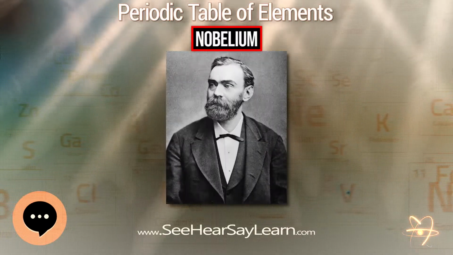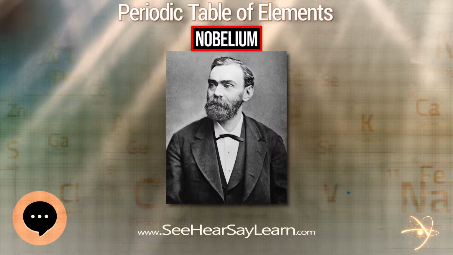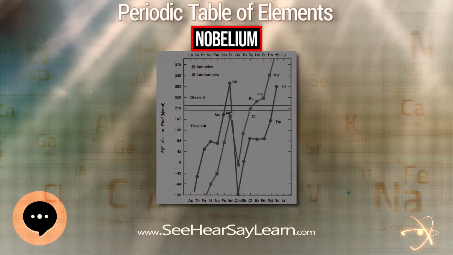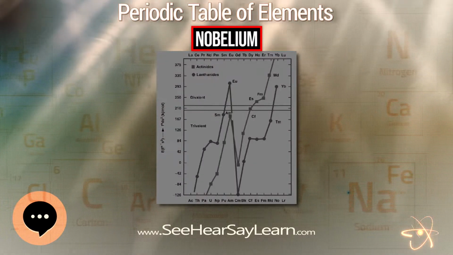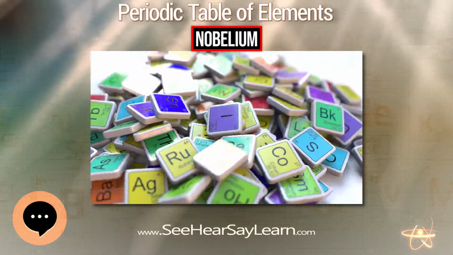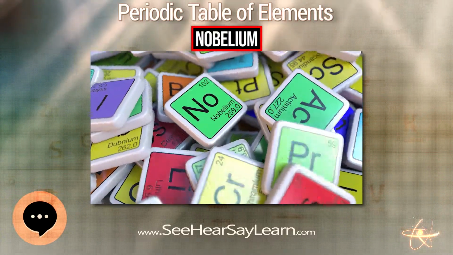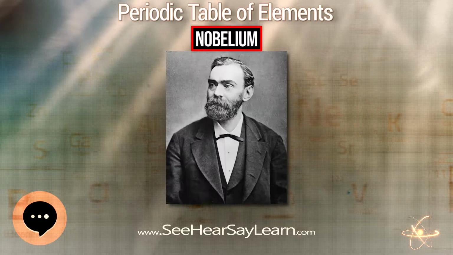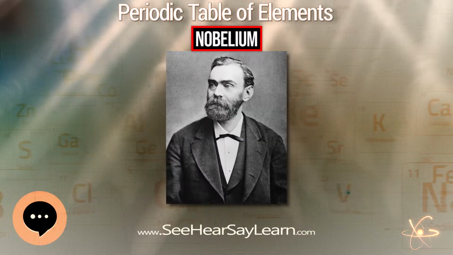Of these, the longest-lived isotope is 259No with a half-life of 58 minutes, and the longest-lived isomer is 251mNo with a half-life of 1.7 seconds. However, the still undiscovered isotope 261No is predicted to have a still longer half-life of 170 min.